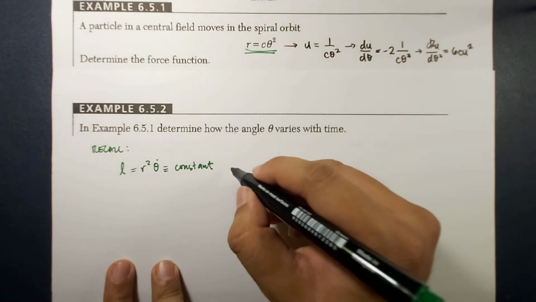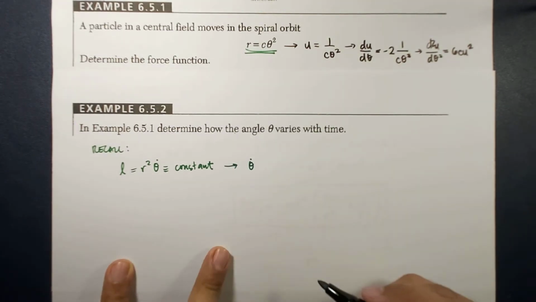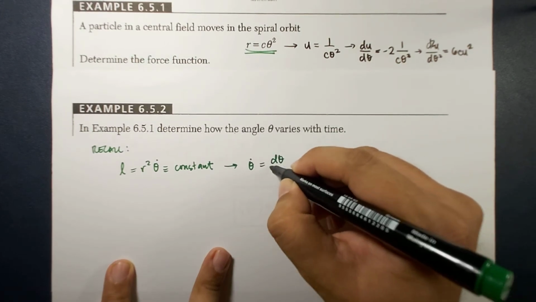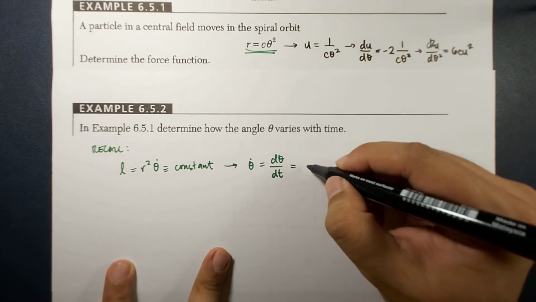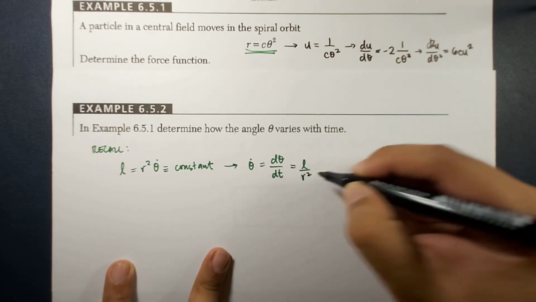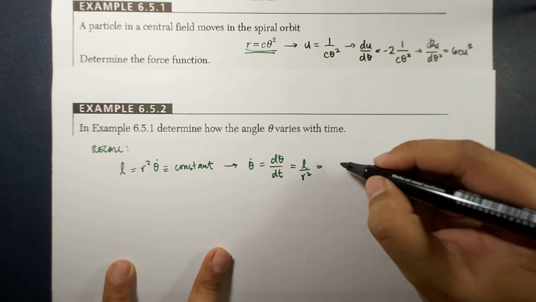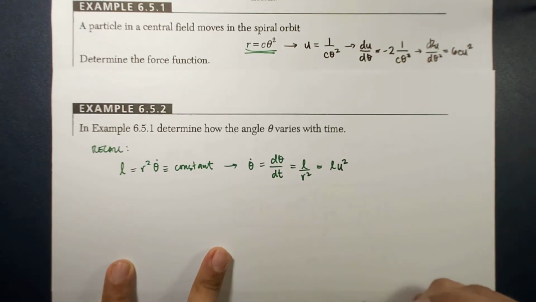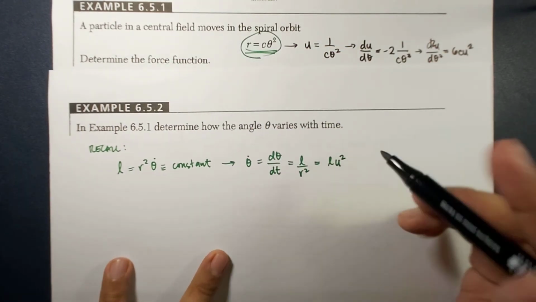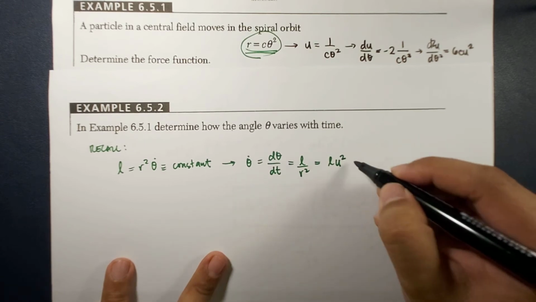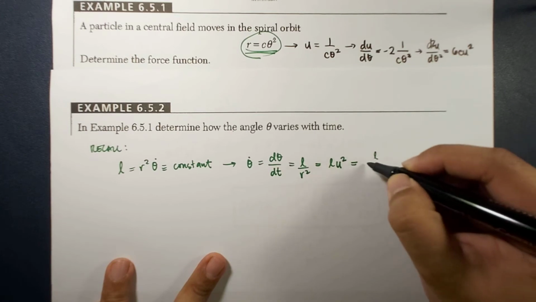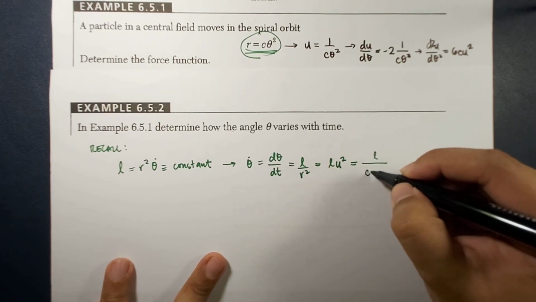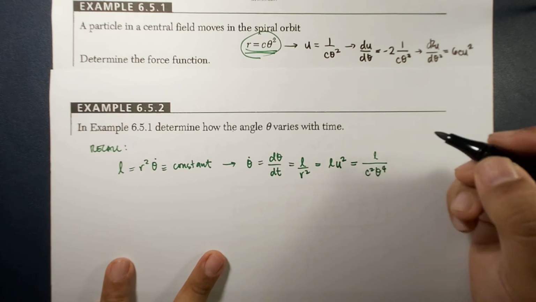So therefore, theta dot, which is the time derivative of theta, is equal to l over r squared, or in terms of u, l u squared. From our orbit information, theta dot is equal to l over c squared theta to the fourth.